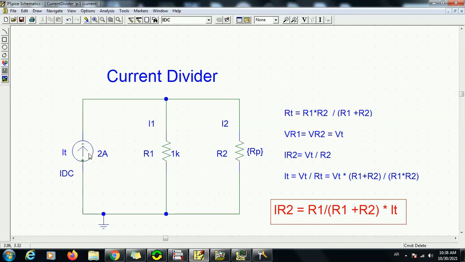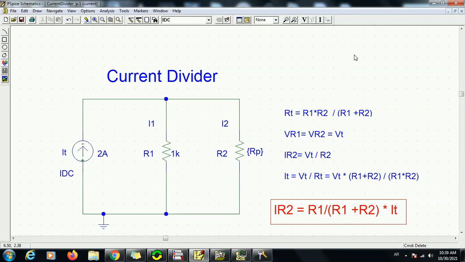For the purpose of explaining this current divider concept, we have chosen a current source. A simple explanation about the current source: we could also use a voltage source instead. It is not necessarily the case that when we talk about current divider we use a current source, and when we talk about voltage divider, like in the previous tutorial, we must use a voltage source.